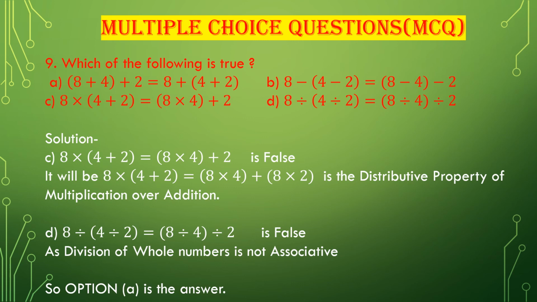So option A is the true statement. 8 plus 4 plus 2 equal to 8 plus 4 plus 2. This is the associative property of addition of whole numbers, and all other statements are false. As we know, subtraction and division are not associative in whole numbers.